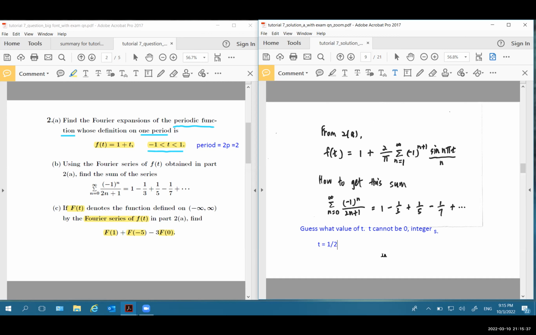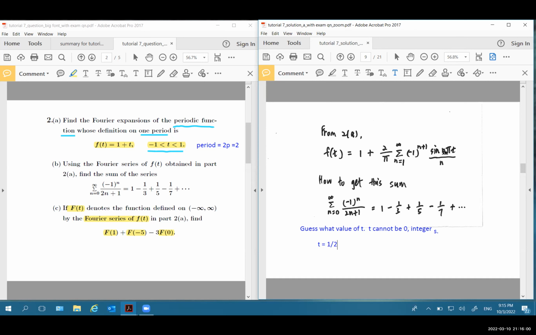Well, why half? 1/3 is also not bad, right? But actually this one is trial and error. You really need to go and try out and see that it can give rise to this series here. Okay, so I'm going to substitute t as half.